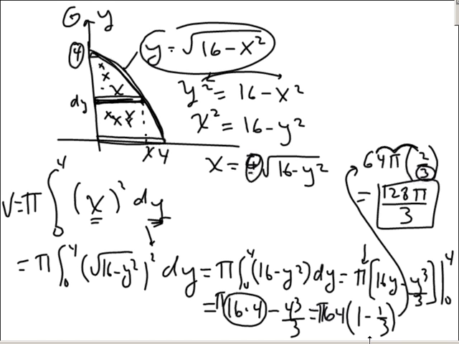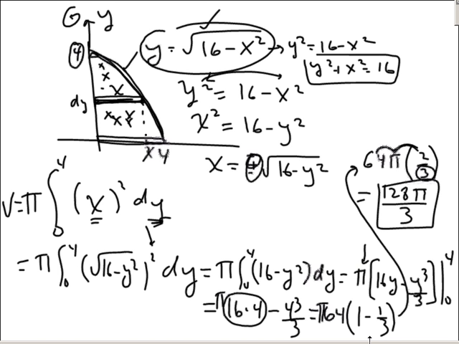Now, if you want to think about this geometrically, you can get away with doing the whole problem. For example, if you squared both sides, you would get this. That is, you would get that. This is the equation of a circle.